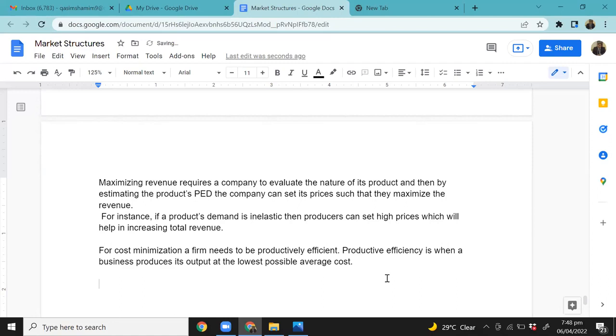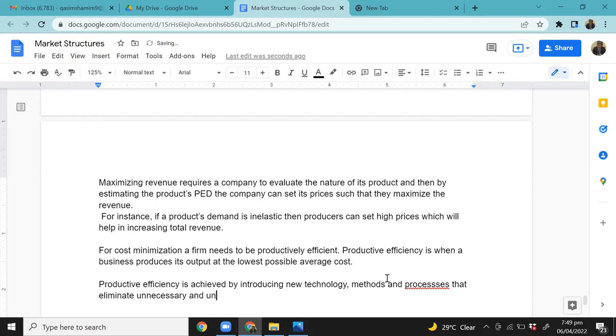Then you can also explain productive efficiency, achieved by introducing new technology, methods, and processes that eliminate unnecessary and inefficient processes, and therefore helping the business achieve higher efficiency, right?